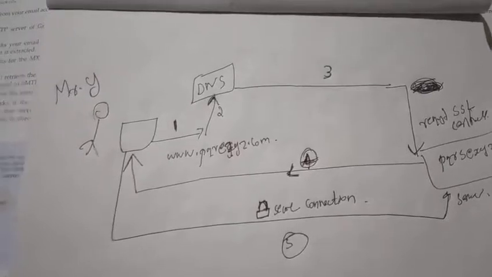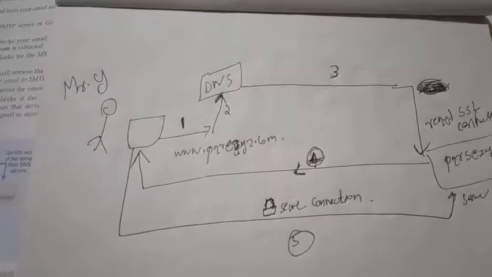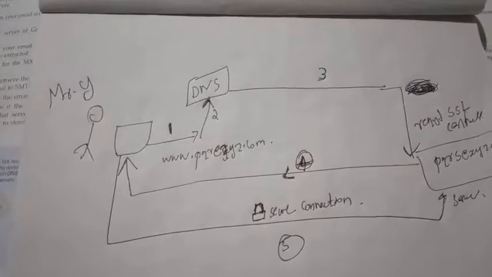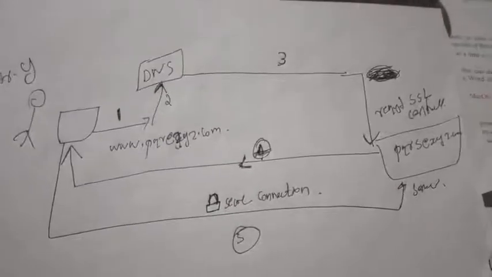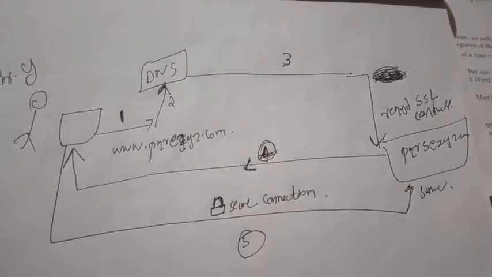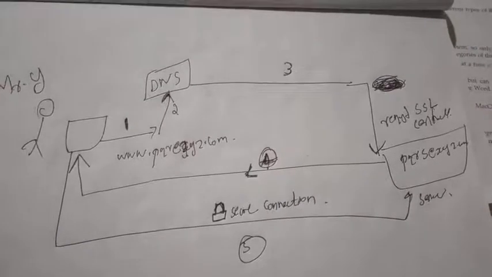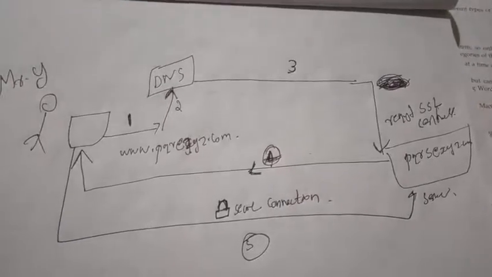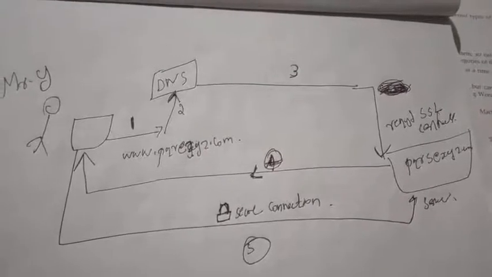As we already studied, it moves to the DNS server, the domain name server, finds the particular IP, and moves to the particular server pqrs at xyz.com.